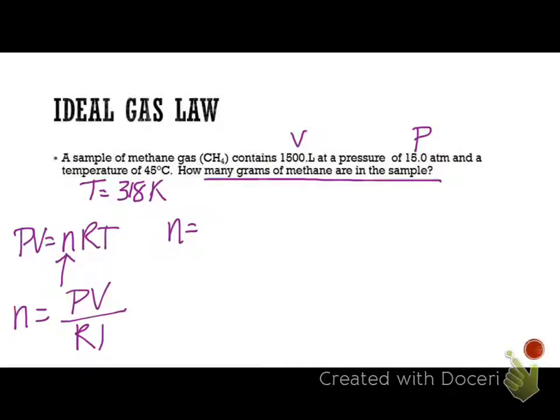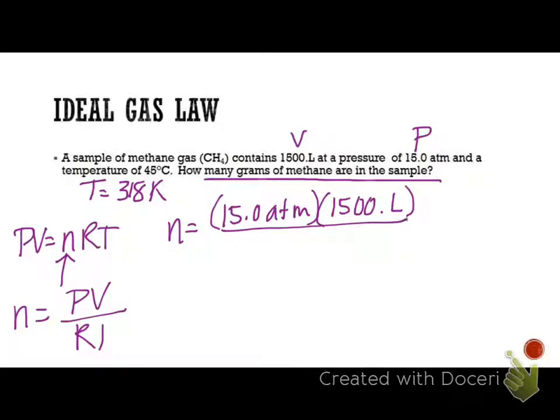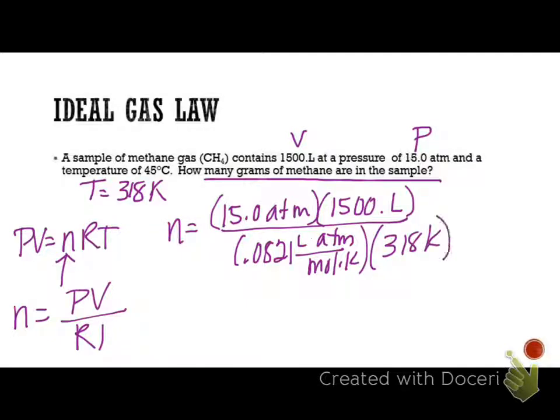So P, pressure, is 15 atmosphere. And V was 1,500 liters. R, of course, is our 0.0821. And the temperature we said was 318 K. So now we plug all that in.